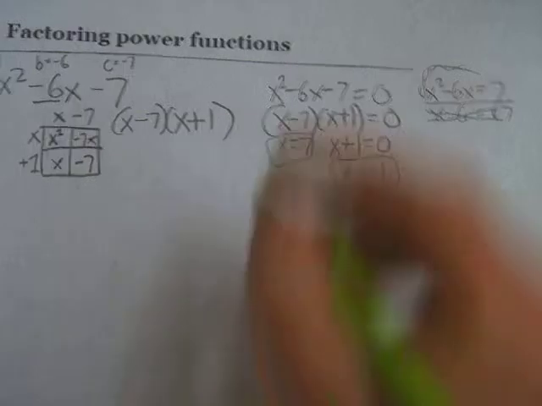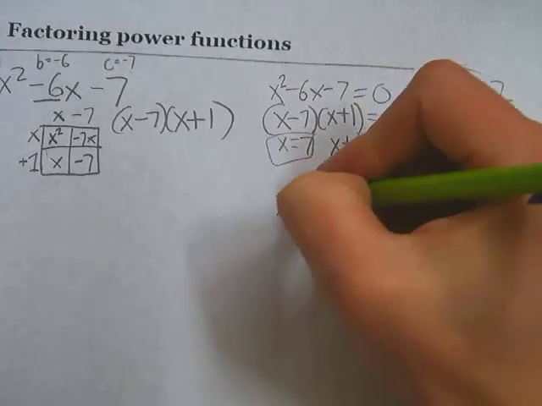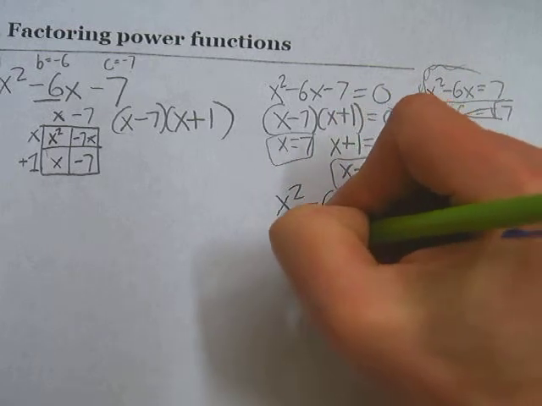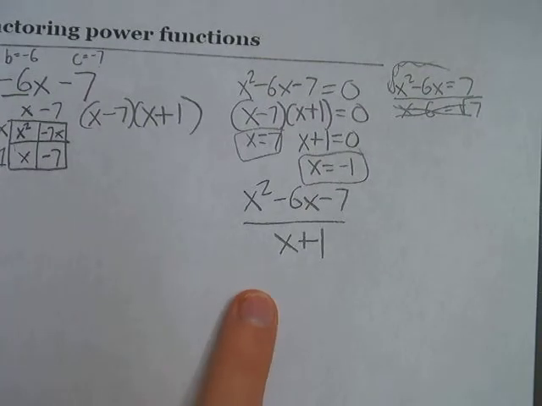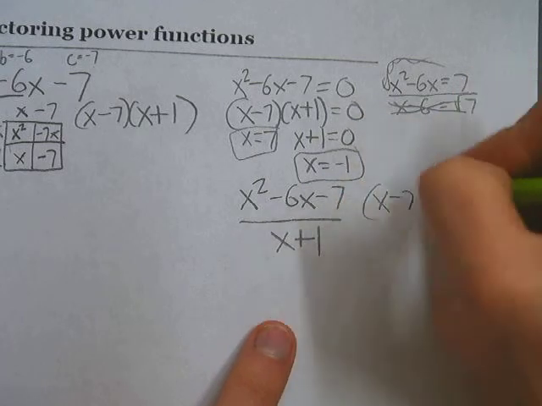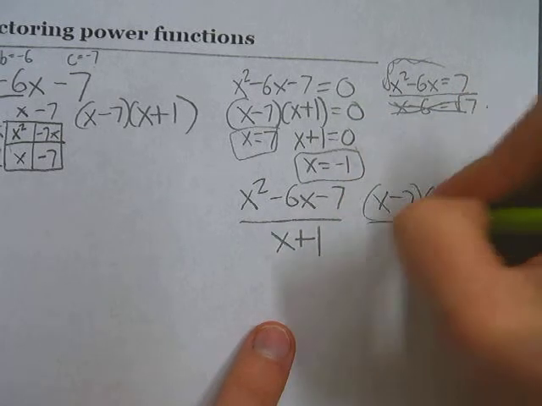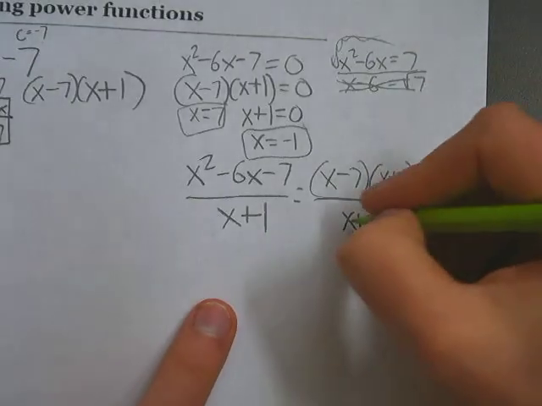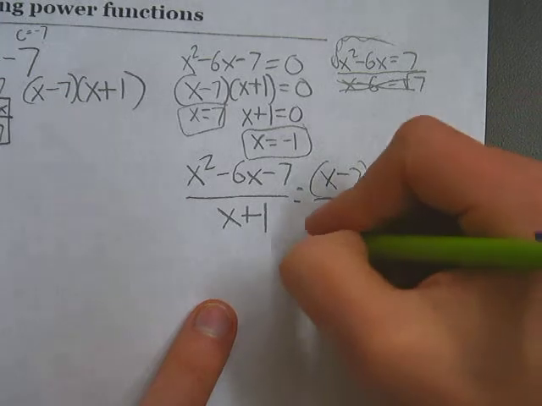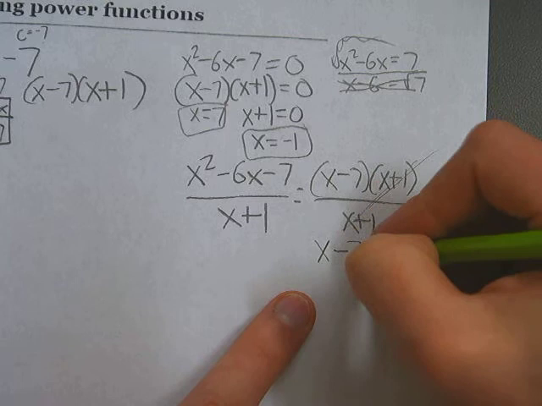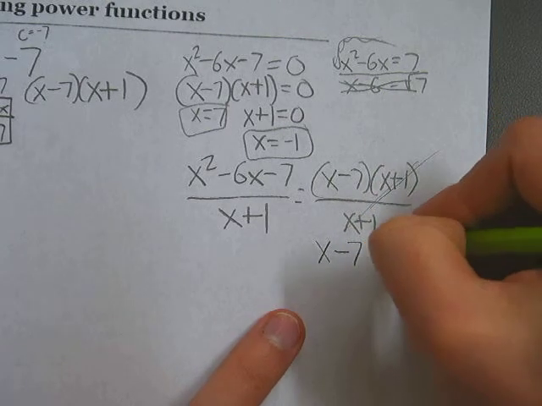There's also an example like this: x squared minus 6x minus 7 over x plus 1, and we're trying to simplify this expression. Because we have x minus 7 times x plus 1 over x plus 1, and these are equivalent expressions, we can cancel these out, and say this nonsense here is just x minus 7, the line, as long as x is not equal to -1.